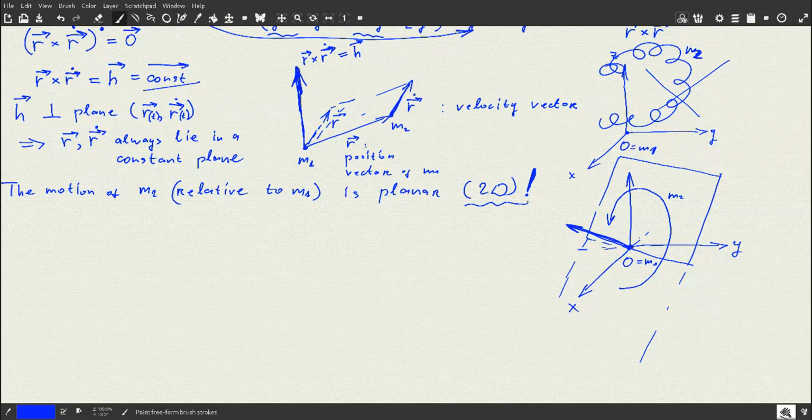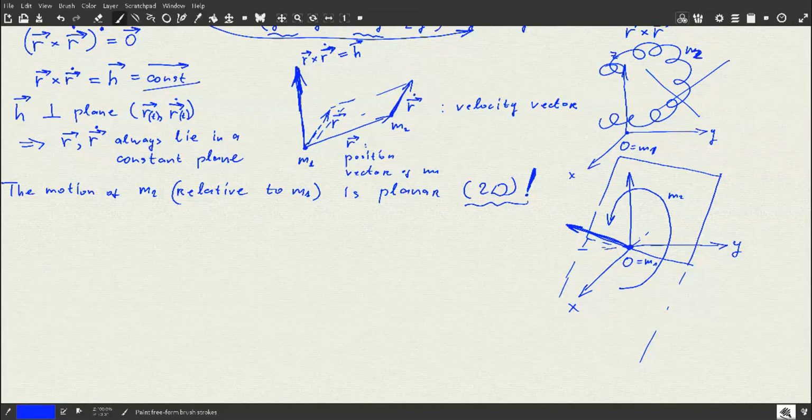At any time t, we can consider a particular plane, which is made by vectors r and r dot. We have already studied the geometry of the plane. We know that two vectors which are not collinear define a plane, right? You can always make a plane out of two vectors.